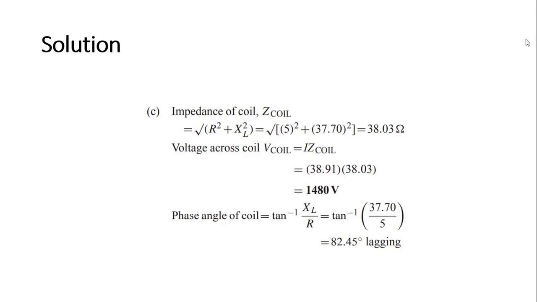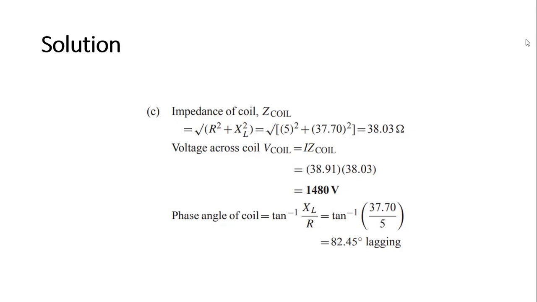You can find that because Z of the coil is the square root of R squared plus XL squared. You have to refer to the last class for you to remember this. So we put the value of R, we put the value of XL: 5 squared plus 37.70 squared, that will give us 38.03.